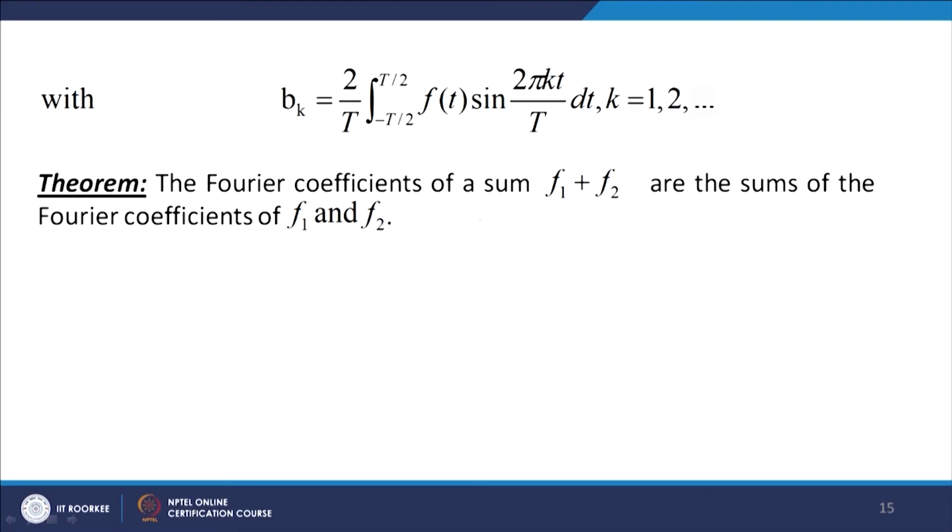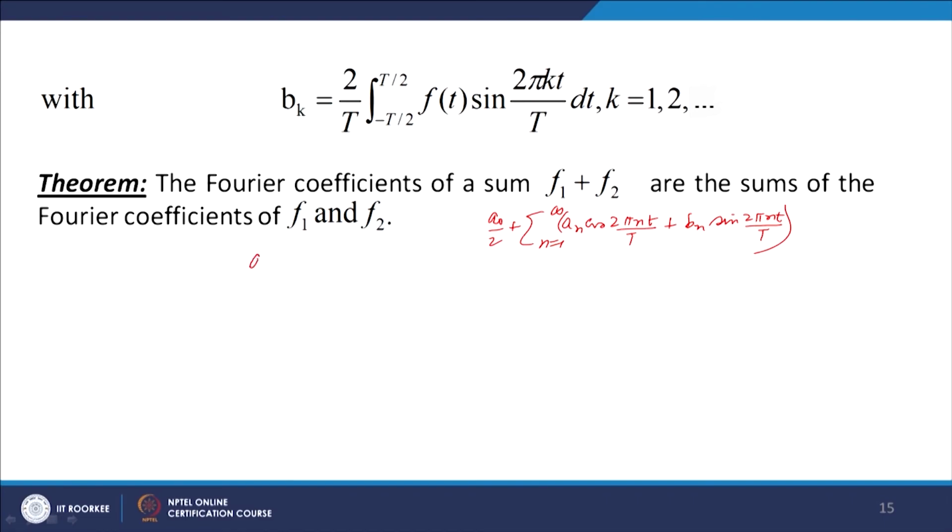Suppose the Fourier series of f 1 plus f 2, which we assume is a periodic function with period T, is a naught by 2 plus sigma n equal to 1 to infinity a n cos(2 pi n t divided by T) plus b n sin(2 pi n t divided by T). Here a n and b n are the Fourier coefficients.